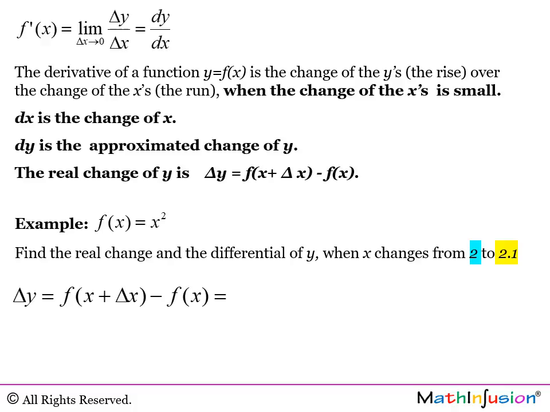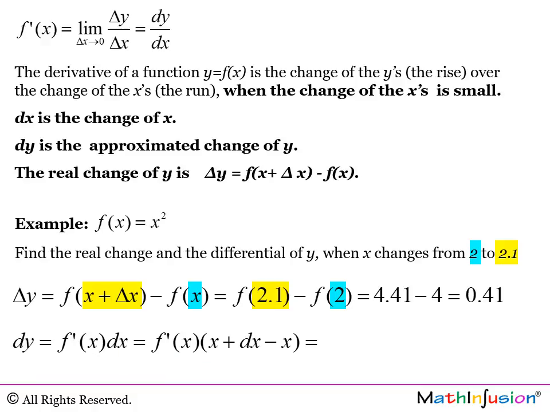So it's f of x plus delta x minus f of x. It's f of 2.1 minus f of 2. In this case, we get 0.41. This is the after, this is the before.